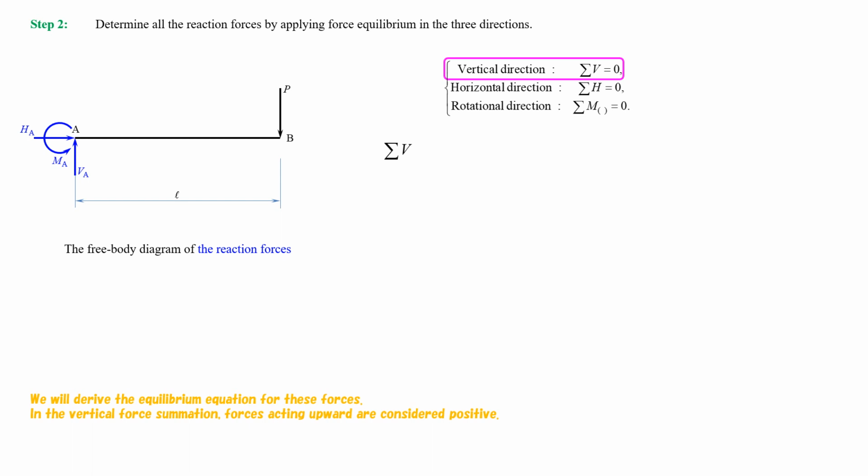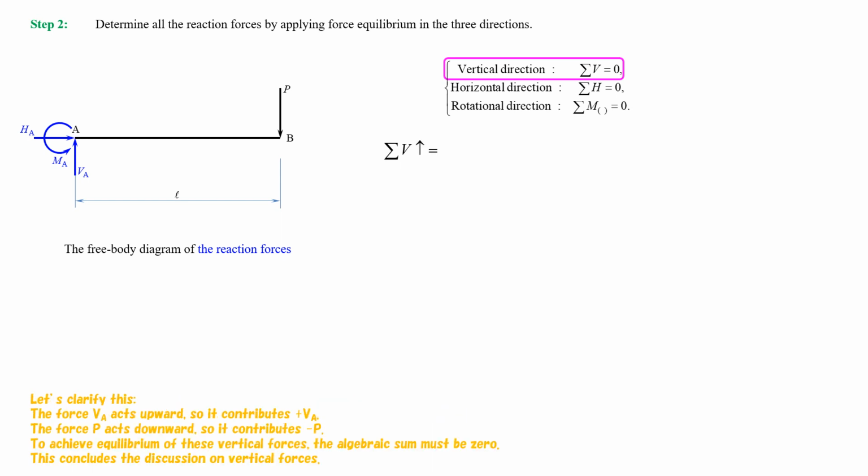In the vertical force summation, forces acting upward are considered positive. Let's clarify this. The force VA acts upward, so it contributes plus VA. The force P acts downward, so it contributes minus P. To achieve equilibrium of these vertical forces, the algebraic sum must be 0. This concludes the discussion on vertical forces.